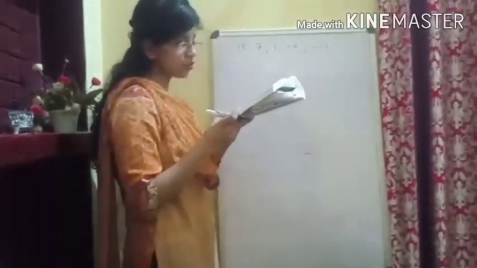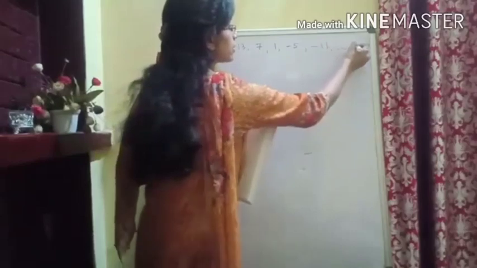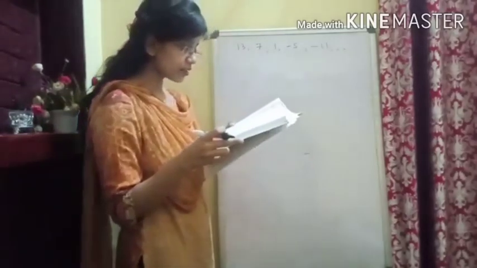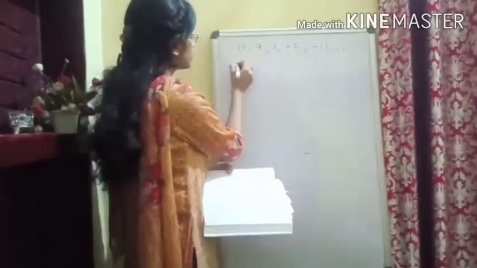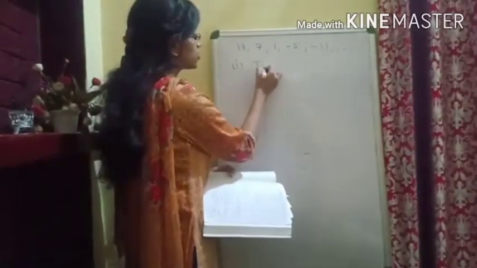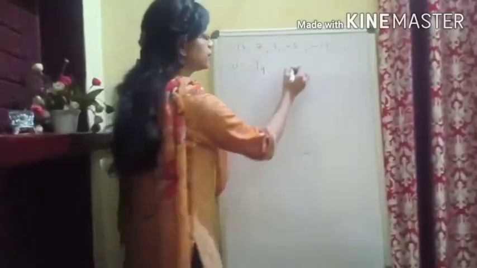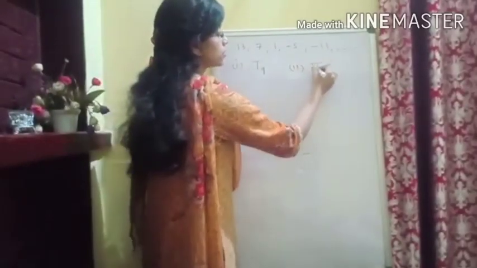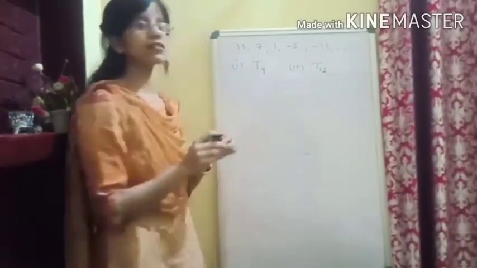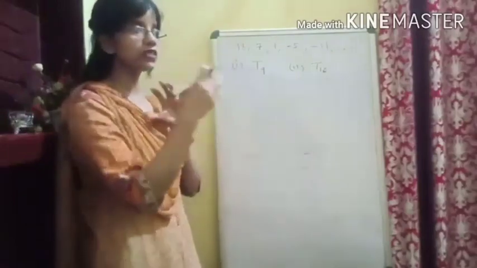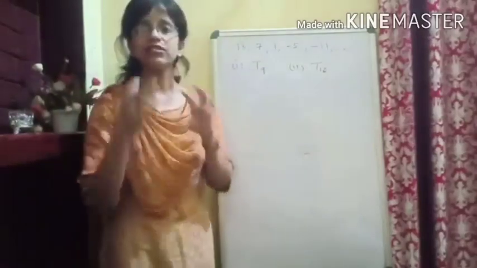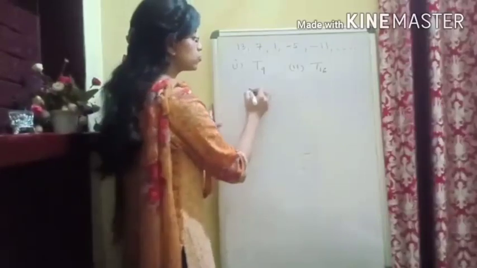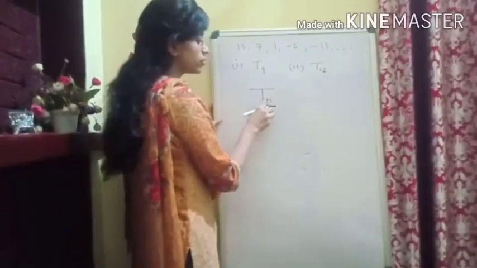This is your AP and it is an infinite series. First part they are asking you to calculate the ninth term. Also they are asking you to calculate the 16th term, and they are asking you to write the nth term. That means nth means any term, general value. So they are asking you to write the nth term, Tn.